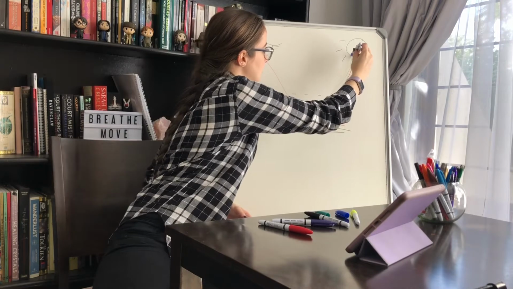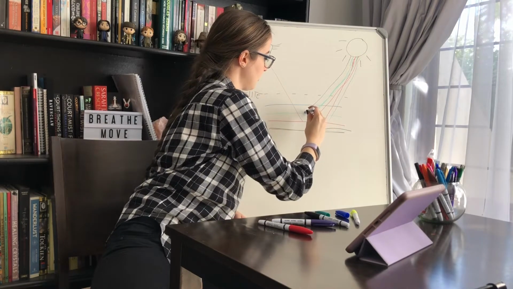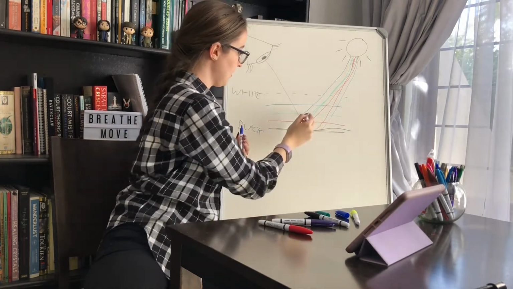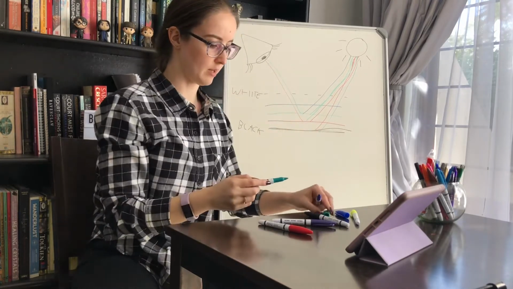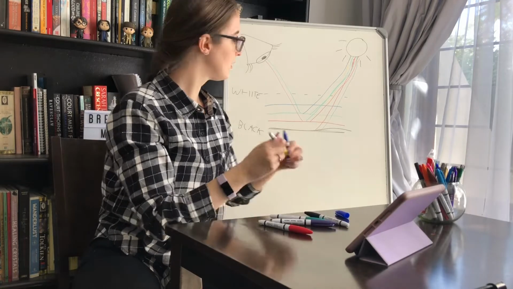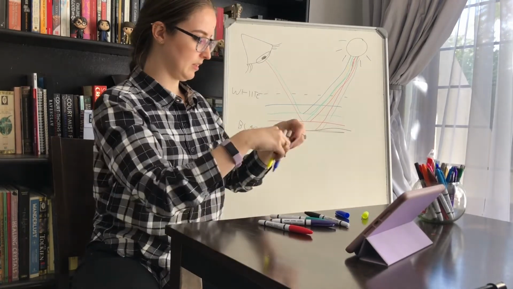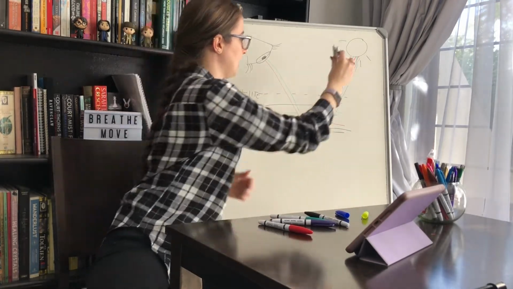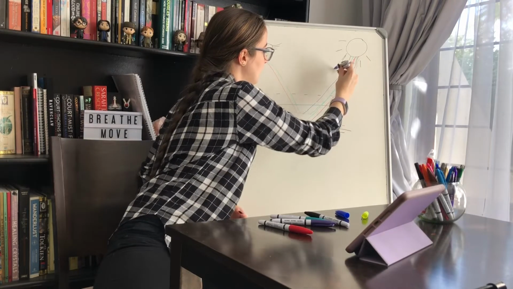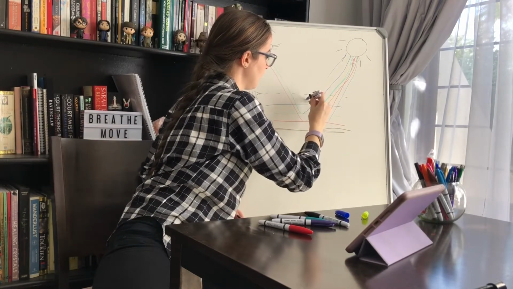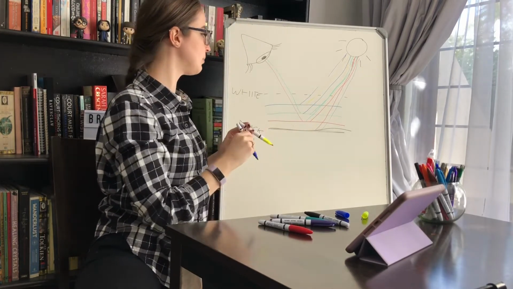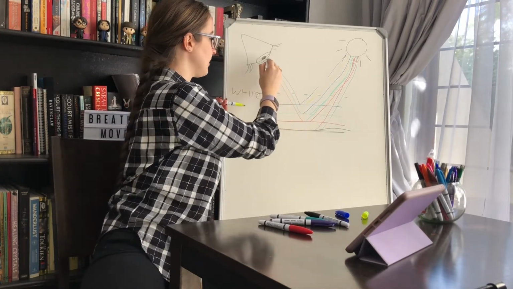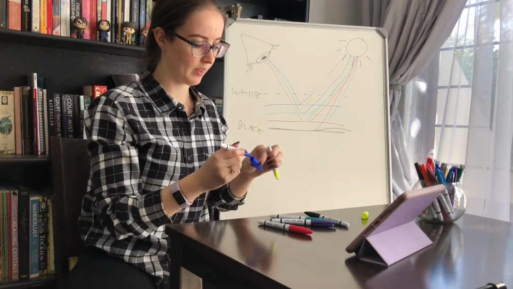I'm not a physicist. So we've got the green and the blue light hitting here, but only the green light bounces and hits the human eye, and then we'll do the blue and the yellow like that. The blue and the yellow both hit this thing that is blue, but only the blue is reflected back.